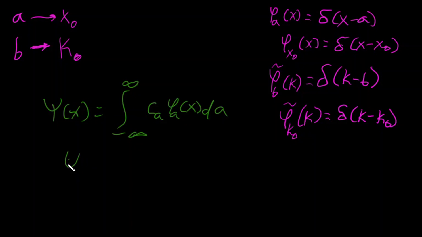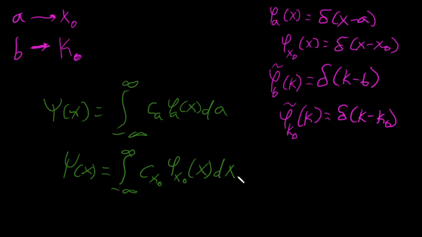Otherwise, we'd have to write psi of x equals the integral from negative infinity to infinity of c sub x naught phi sub x naught of x dx naught. And this, I think, is a lot more complicated and a lot harder to see.